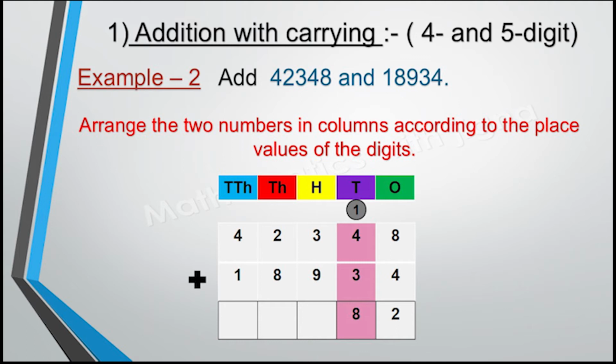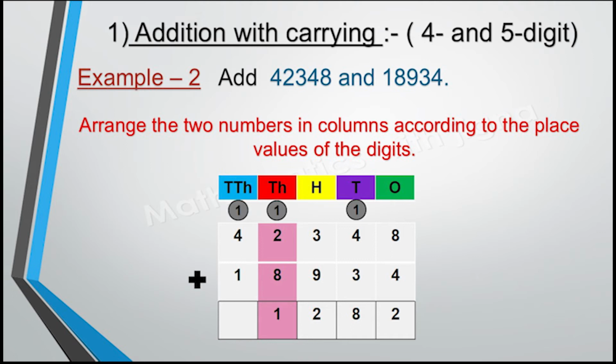Now add hundreds, 300 and 900, which is equal to 12. So carry over 1 to the thousands column and write 2 at the hundreds place. Then add the thousands, 2,000, 8,000 and 1, which we carried over. We will get 11.